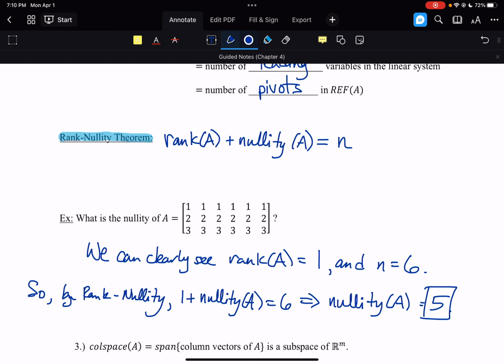Or we can just look at the rank nullity theorem and say, well, the rank is fairly intuitive here because we know there's a pivot here and everything else is an exact multiple. So if the rank is 1 and the number of columns is 6, we can just solve via subtraction to get the nullity without ever having to actually find the null space.